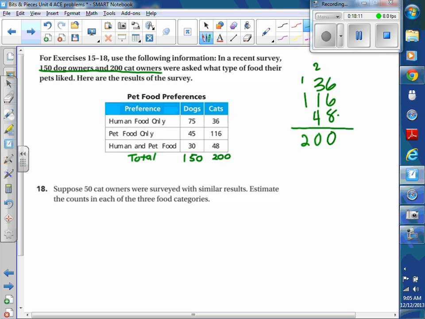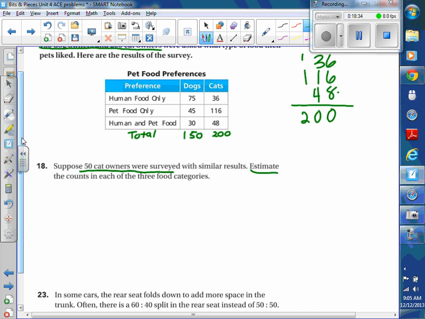And now they're saying, suppose there were 50 cat owners surveyed with similar results. So they all behave sort of like the other 200 people. What do you think when they say estimate? Estimate the counts in each of the 3 food categories.